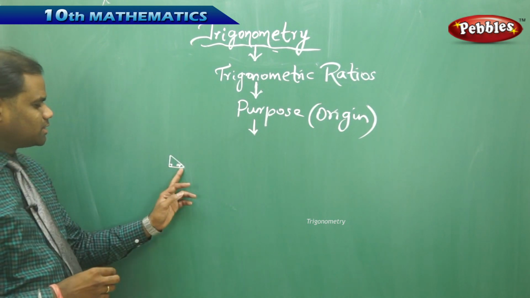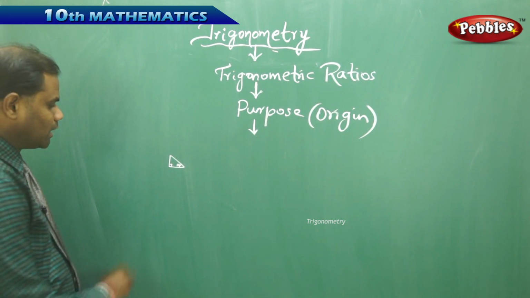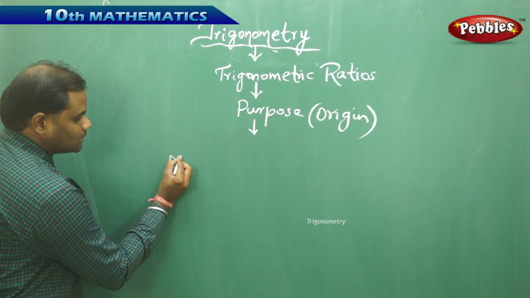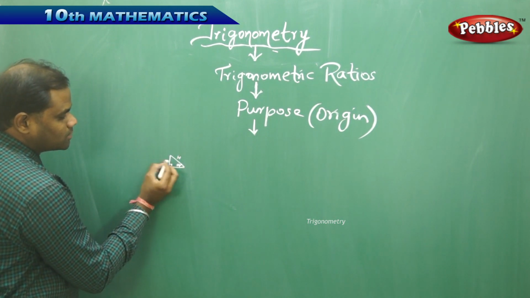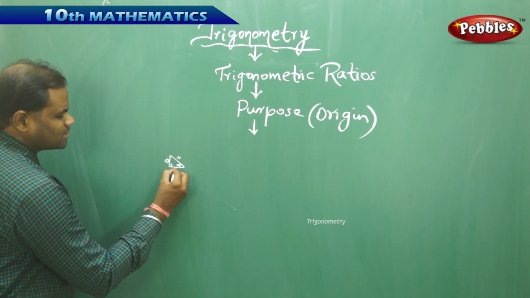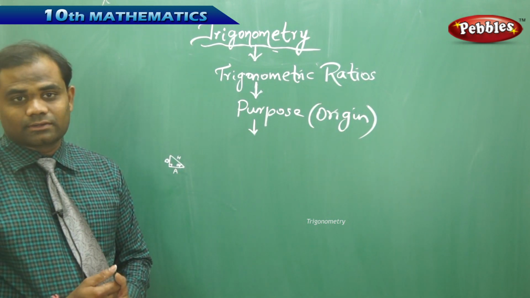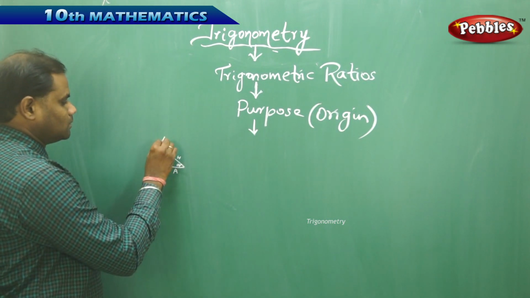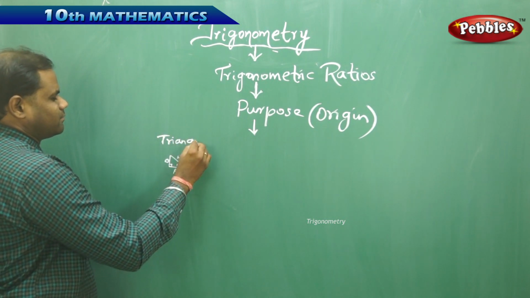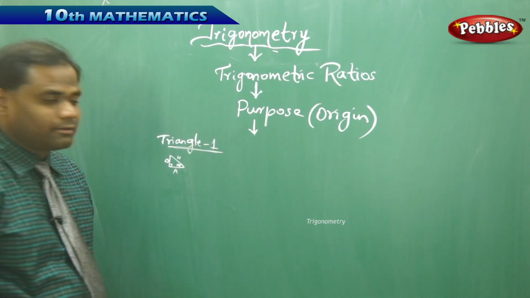The side opposite to the right angle is the hypotenuse, the side opposite to theta is the opposite, and the third side is the adjacent. This is triangle 1. Similarly, I take triangle 2.